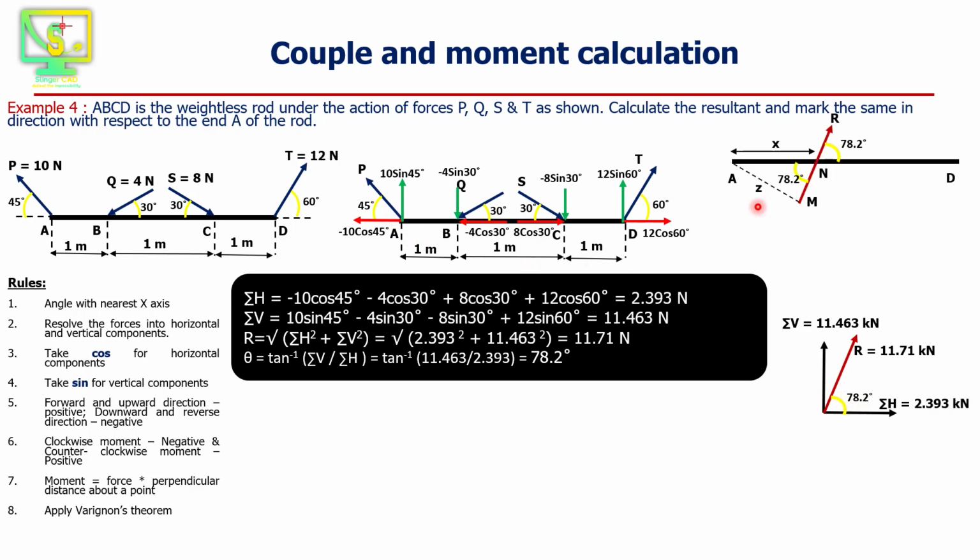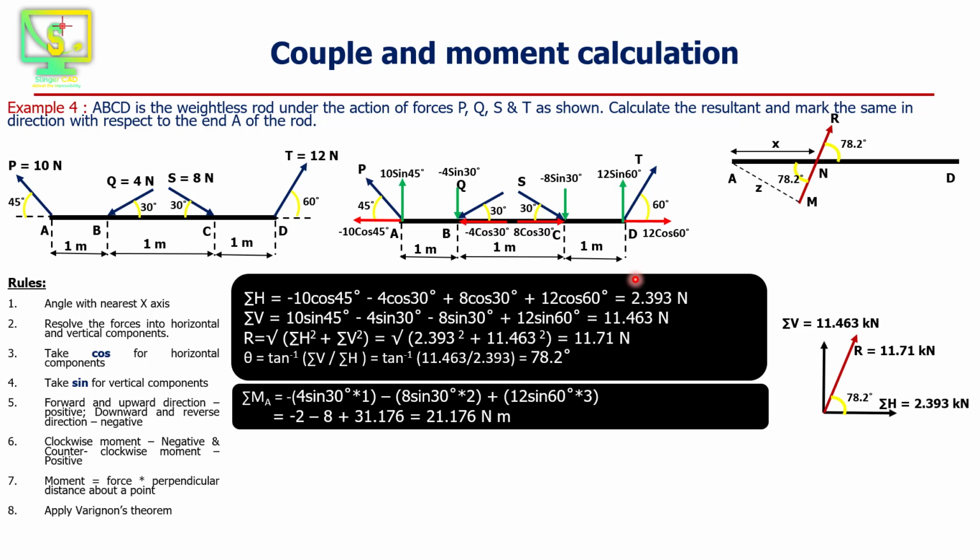Now if we draw this resultant on the rod ABCD, we get it like this. The resultant is at an angle of 78.2 degree, at a distance of X from A. The perpendicular distance from the point A is Z. Now to calculate the moment, we should not consider the sign.